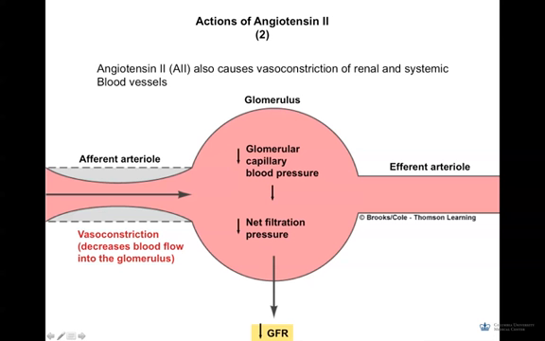And by reducing GFR, we limit our urinary production, and so we minimize fluid loss. Okay. So angiotensin vasoconstricts renal blood vessels like the afferent arteriole, which reduces GFR. Angiotensin II also directly vasoconstricts systemic arteries and arterioles, which is going to elevate blood pressure.